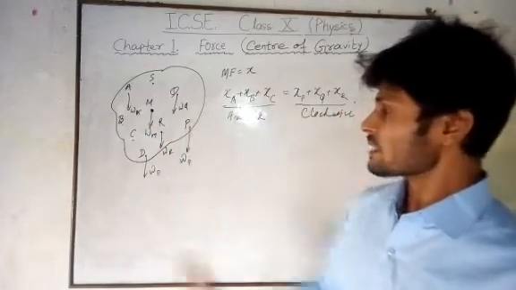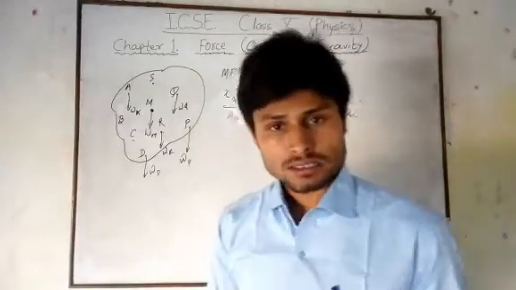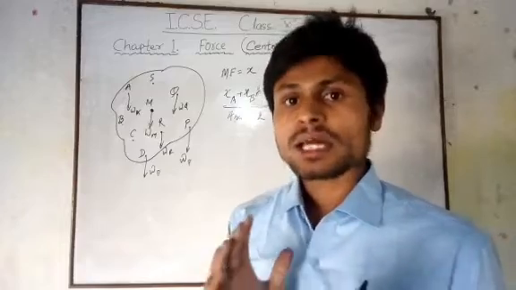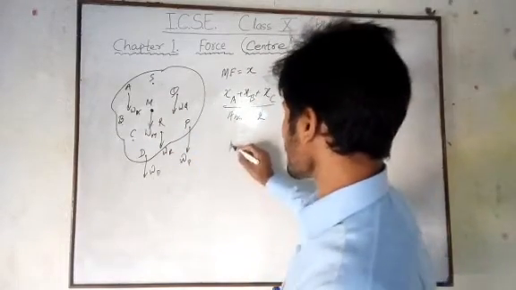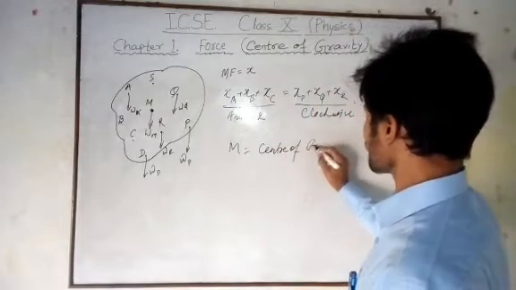Then it is in equilibrium, and this is only possible when the rotational axis passes through the important point M, and this point M is called the center of gravity.